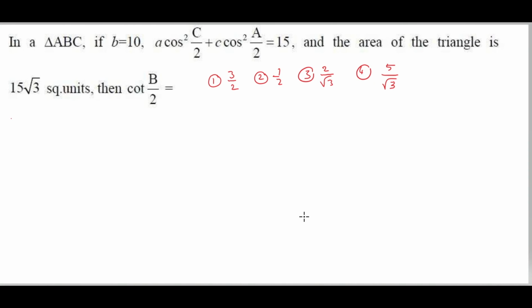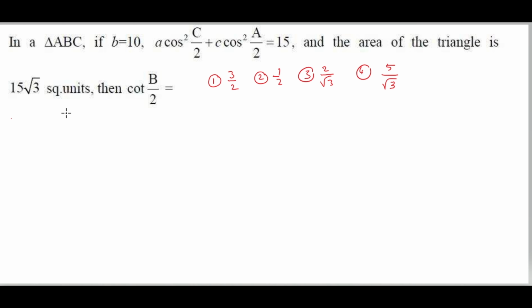Friends, next question. In a triangle ABC, if b is equal to 10 and a cos square C by 2 plus c cos square A by 2 is equal to 15 and the area of the triangle is 15 root 3 square units, then the value of cot B by 2. Here the first option is 3 by 2, second one 1 by 2, third option 2 by root 3, fourth one 5 by root 3.